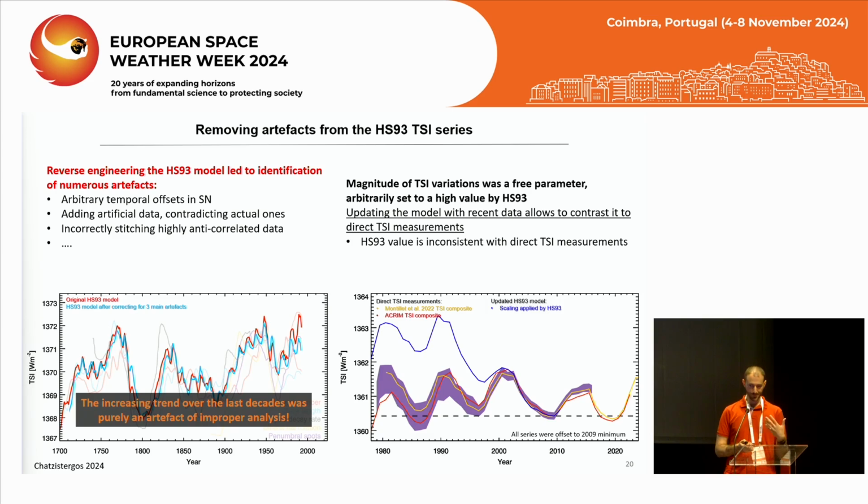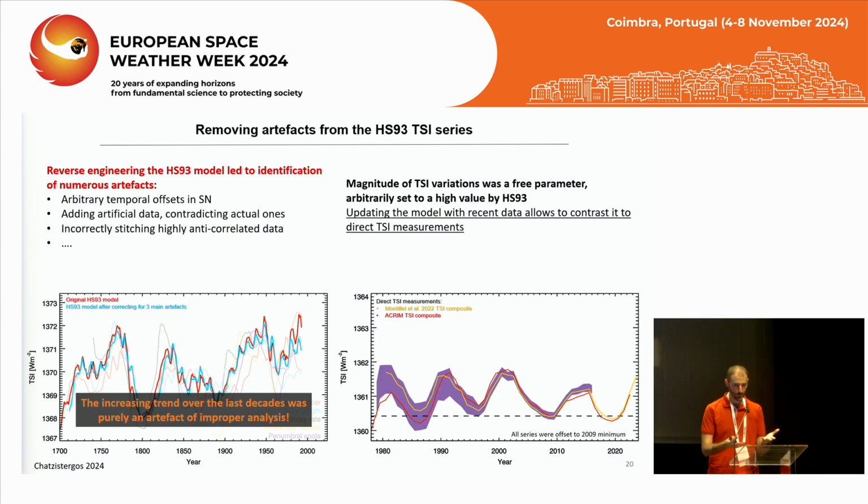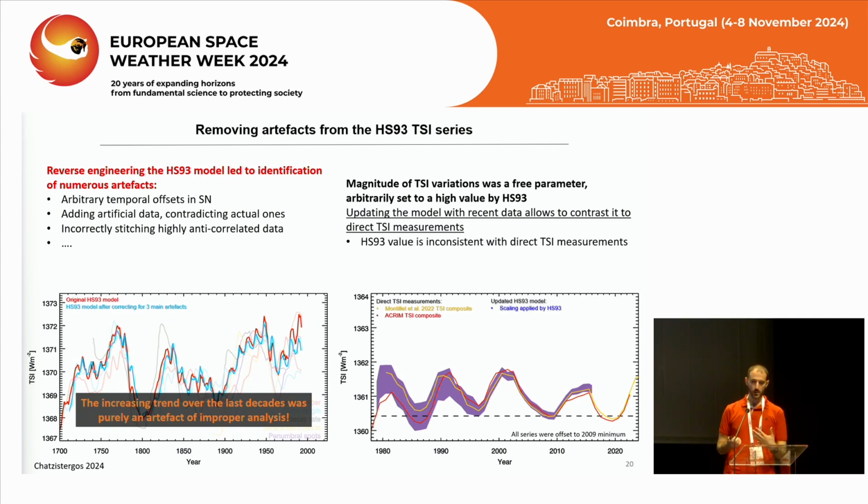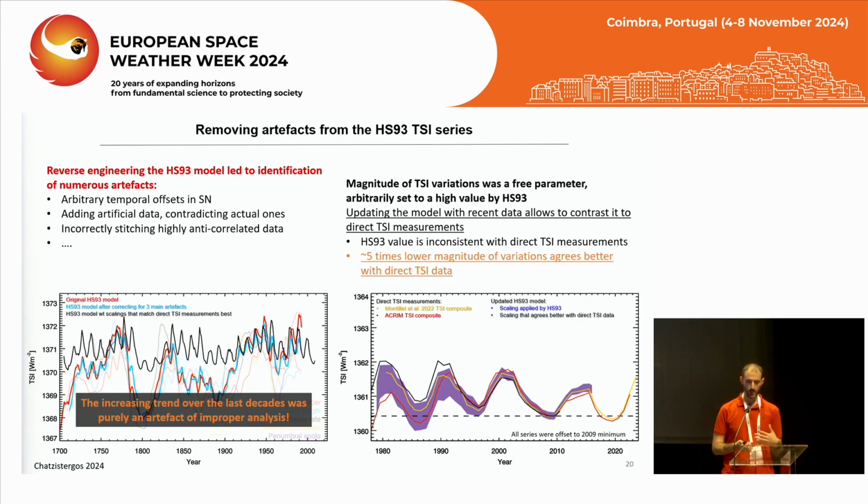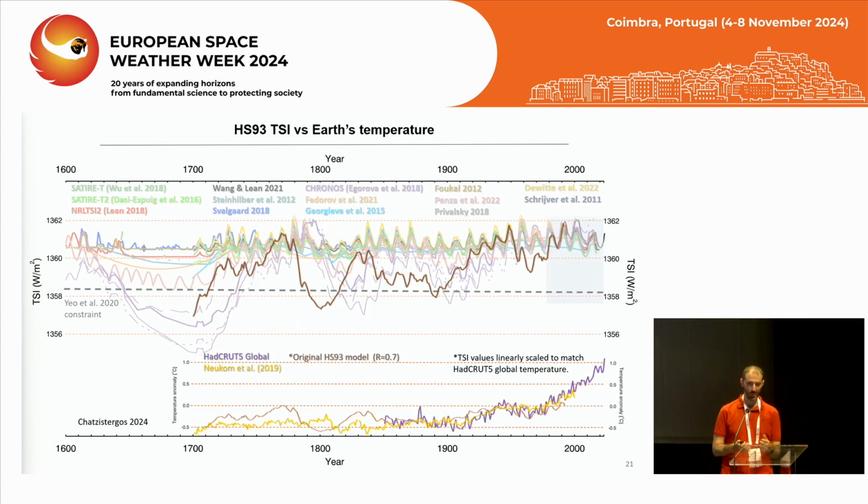So by using the methodology as we understand it and using more recent data to update it, we could contrast it to actual TSI measurements. And we can see that the scaling of the variation that they used is quite inconsistent with direct TSI measurements. To make it consistent, one has to use at least 5 times lower magnitude variations than what they used.